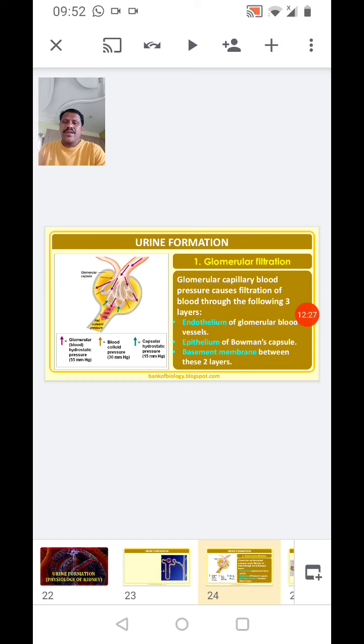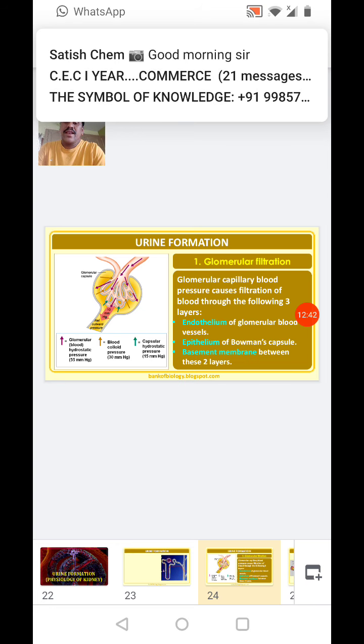The primary urine contains some important substances which are very essential to our body. So these essential substances are reabsorbed into the blood. This process is known as selective reabsorption.